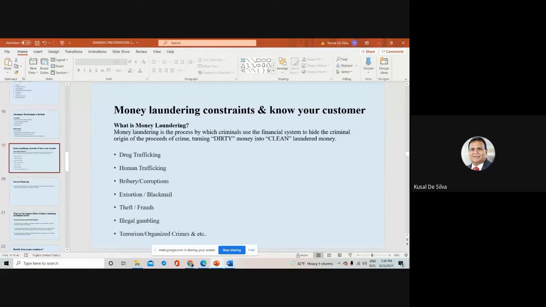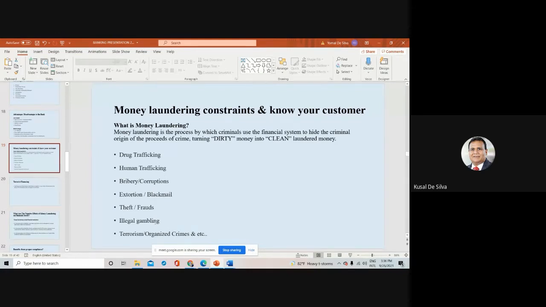So there is no point in having money earned through these illegal means if they can't use it for legitimate purposes, to buy a property, buy a vehicle, invest in a company, take ownership of a company.